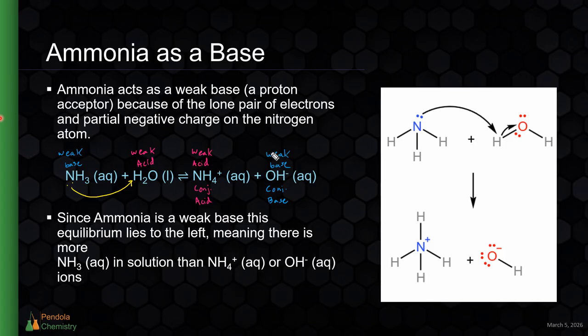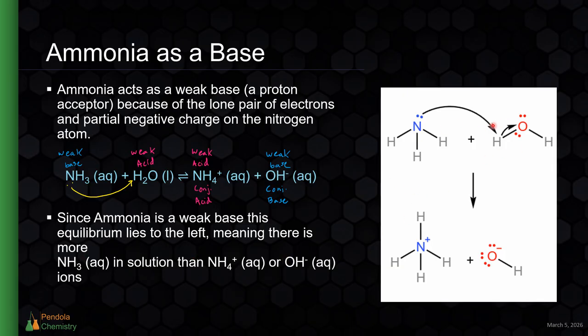That can be debated, whether hydroxide is a weak base or a strong base, but we can leave that for another time. But this is the conjugate base of water, because the water was a weak acid, and NH4+ is the weak acid, the conjugate acid of ammonia. So it's a proton transfer that happens here.